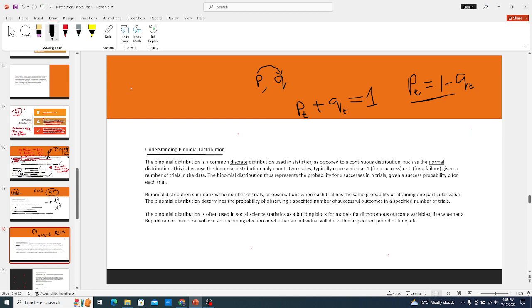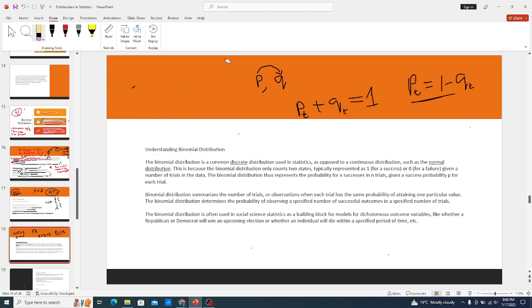It's like the probability of success plus the probability of failure is equal to 1. If we talk about the probability of success, then it will be 1 minus the probability of failure. The same ideology.